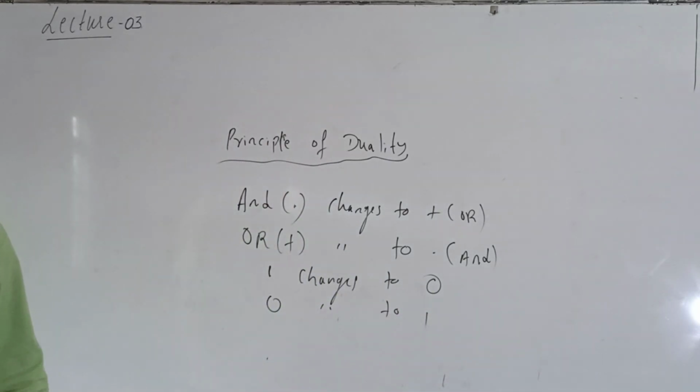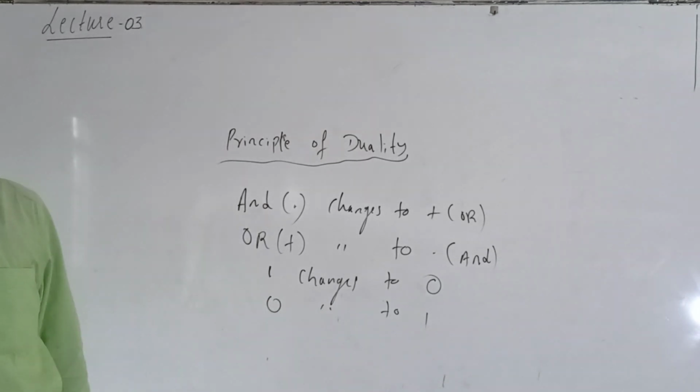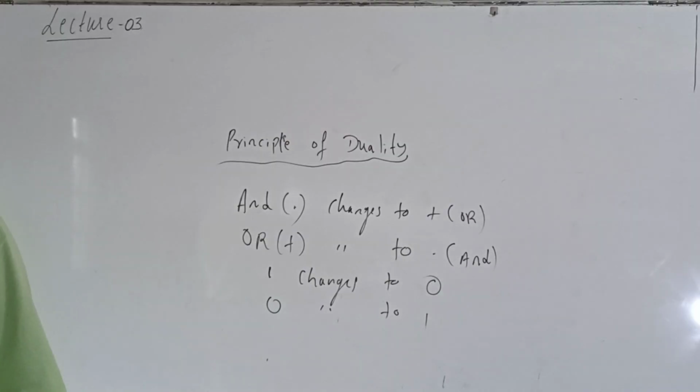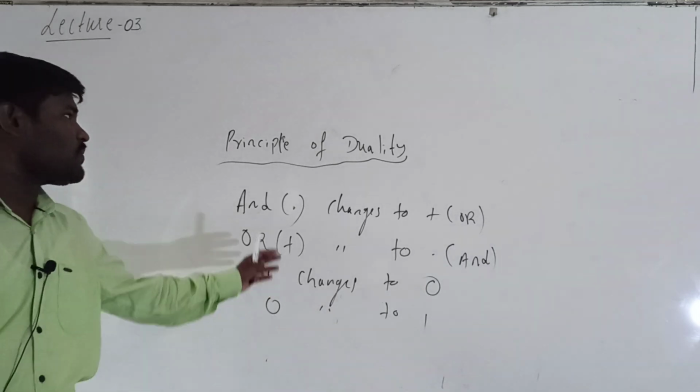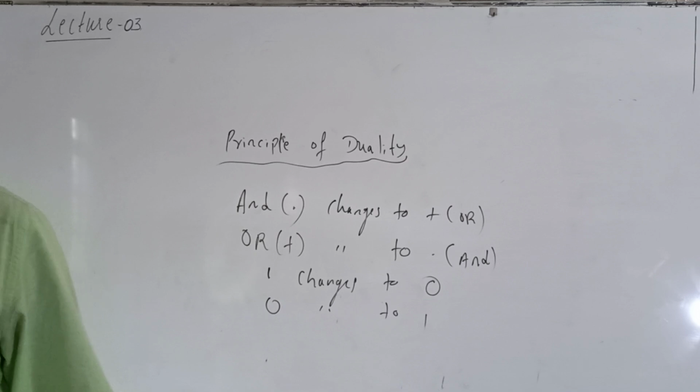So this is the principle of duality. The principle of duality states that with the help of one Boolean expression, we have to derive another Boolean expression.